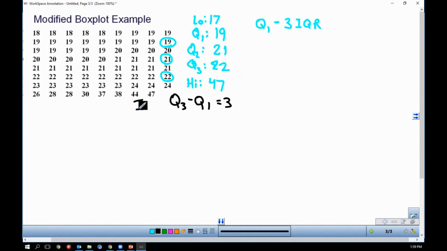That's IQR. Okay, so Q1 minus 3 IQR would give us what? That would be 19 minus 3 times 3. 10, yep.